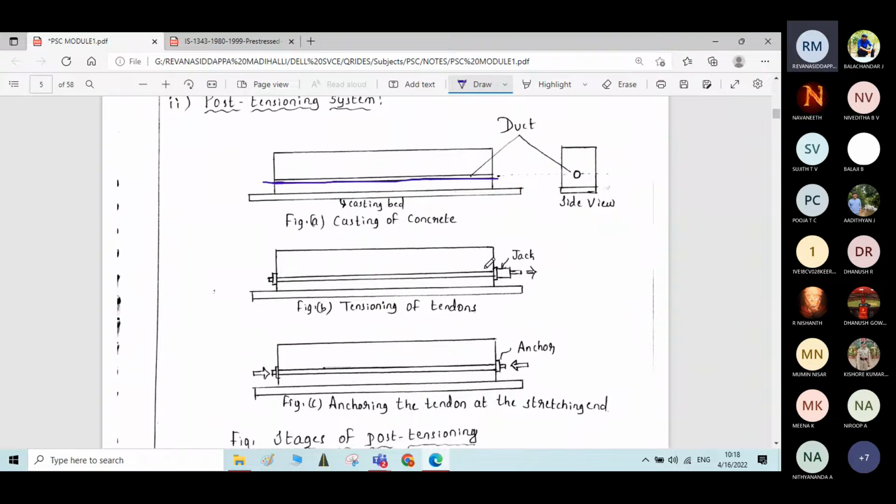How will the stresses be transferred to the element here? Through the jack system, to the anchoring. By properly anchoring the cable at both of its edges, the transfer of stresses will take place.